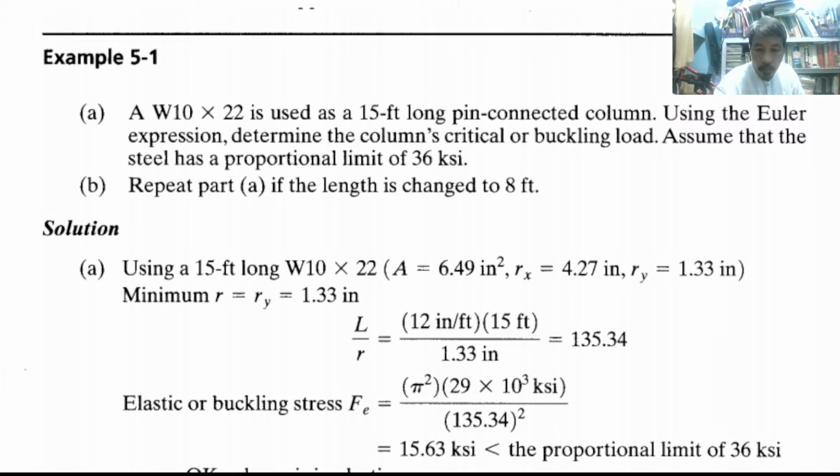A column is a more critical member than a beam. This can be illustrated by a bridge truss that has some of its members damaged by a truck.